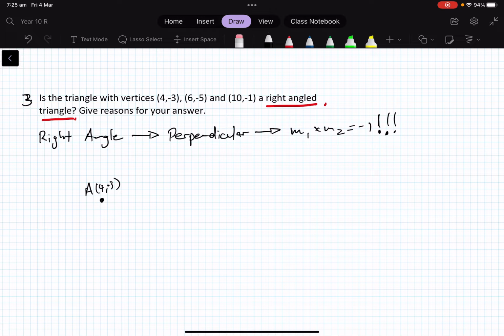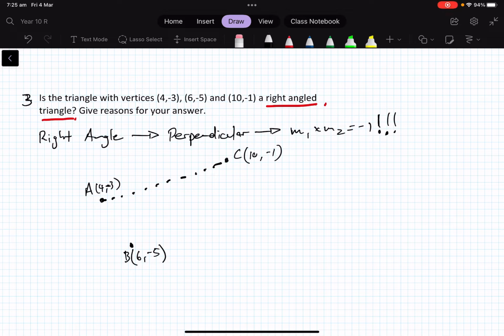I could just plot it and find out on Desmos, or GeoGebra or something. 6 is to the right of 4, -5, so it must be down. All right, so that's B. (6, -5). It's a good idea to label points if they're not given to you labeled. And then (10, -1). Well, 10 is bigger than both, whereas -1 is higher than both. So it's going to be up here somewhere. Let's call that C. (10, -1).